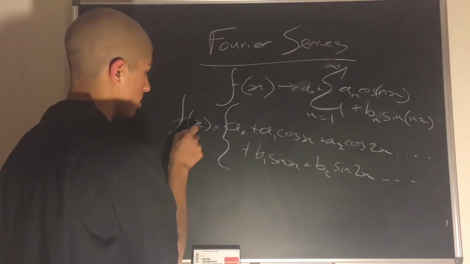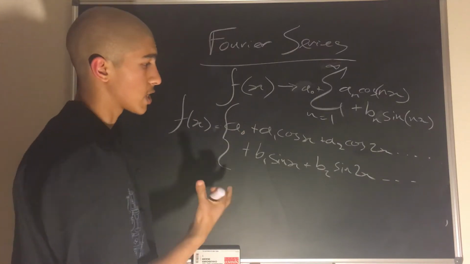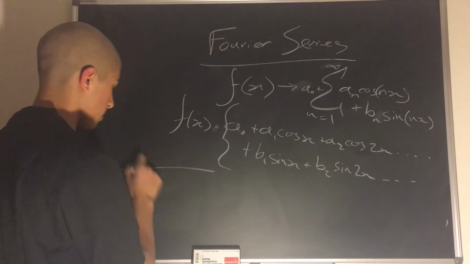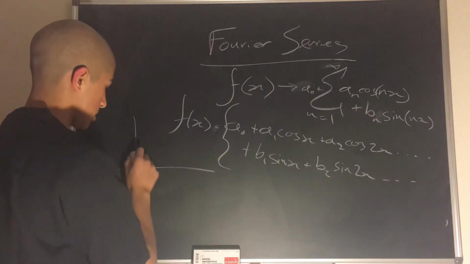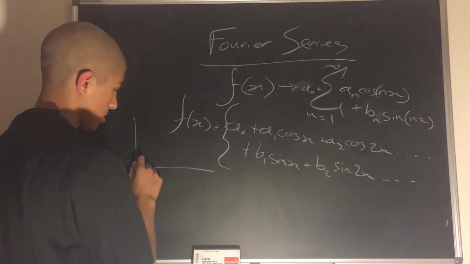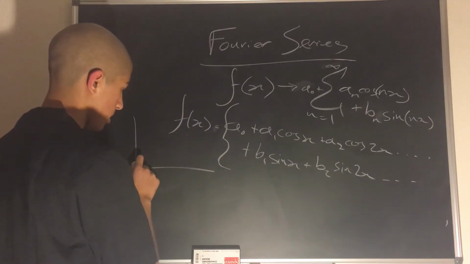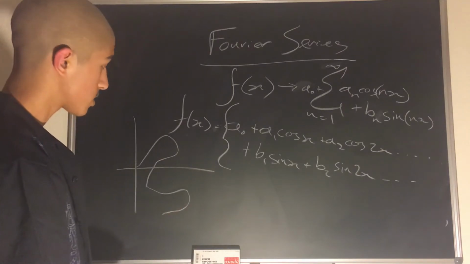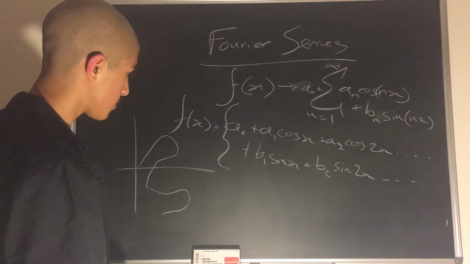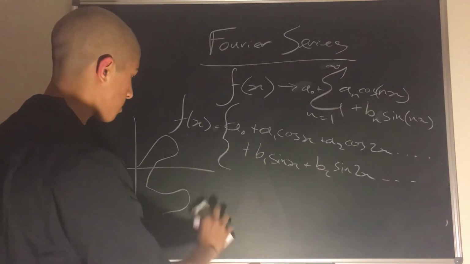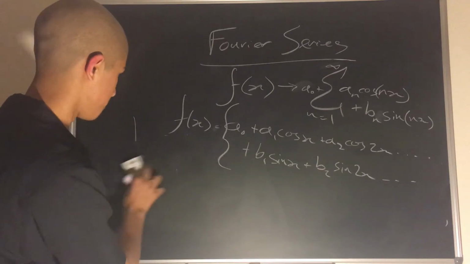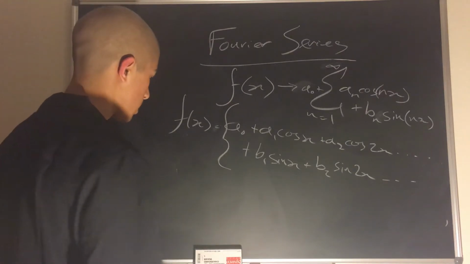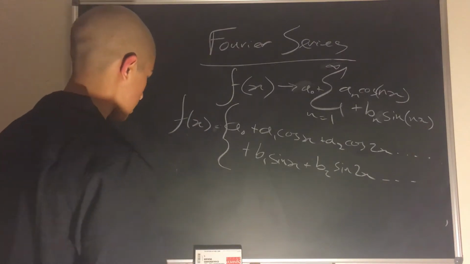So this entire sum is what is going to approximate our initial f of x function, and it matters what f of x is, because if f of x looks like this, well, first of all, that's not really a function, and second of all, it's not approximatable by the sums of sine and cosine functions. So we need to place some restrictions on x.